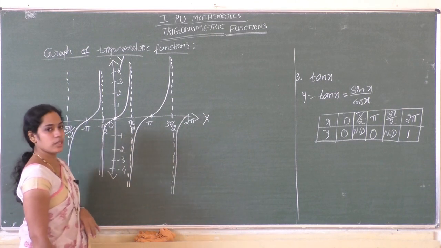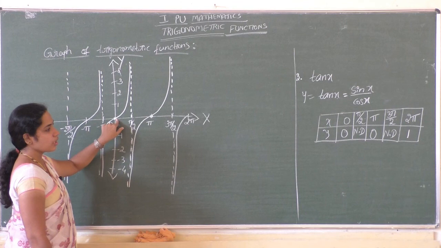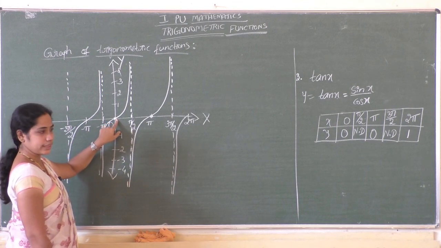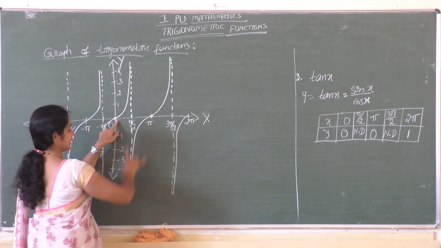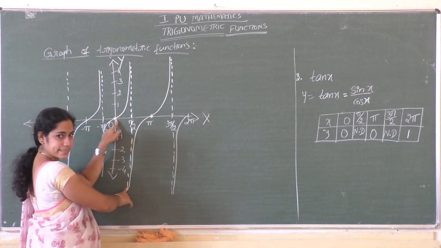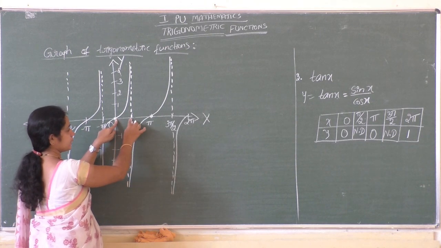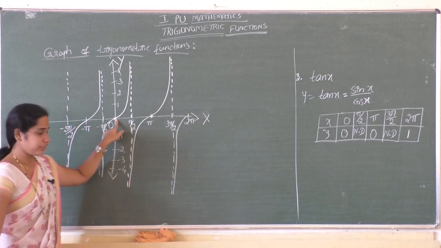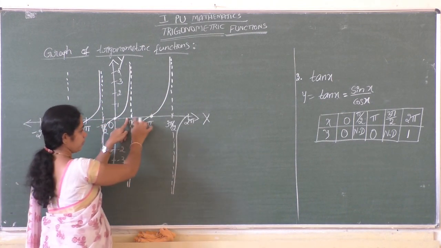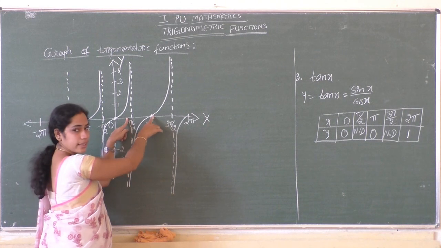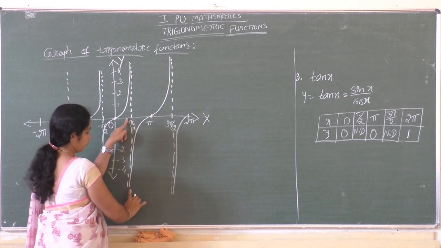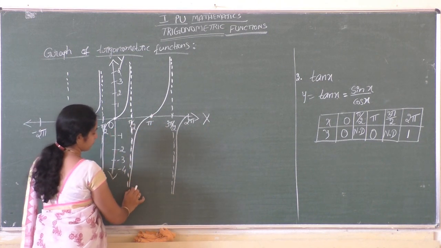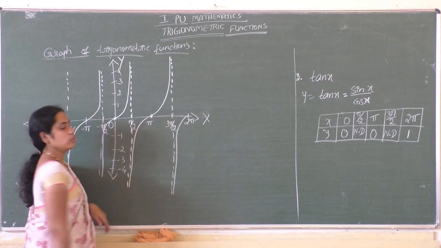Okay, see, I will repeat. Tan 0 is 0, tan pi by 2 is not defined, but in the first quadrant tan is positive, so value increases from 0 to infinity. Second quadrant, pi by 2 to pi, tan is negative, so value comes from minus infinity to 0.